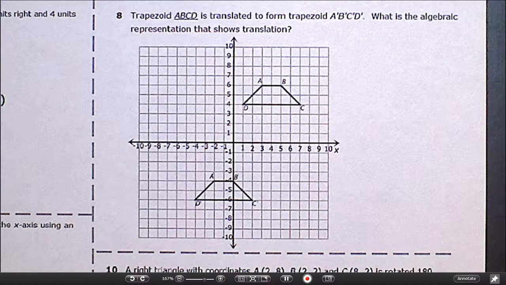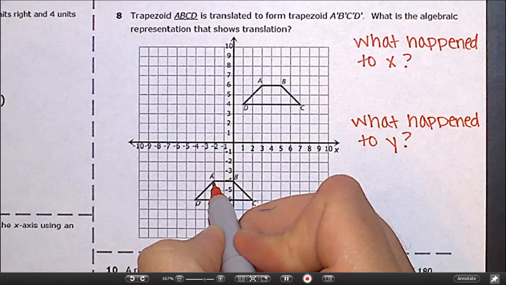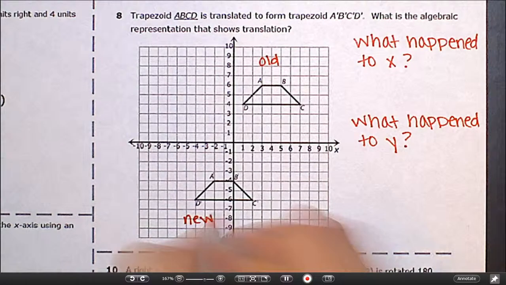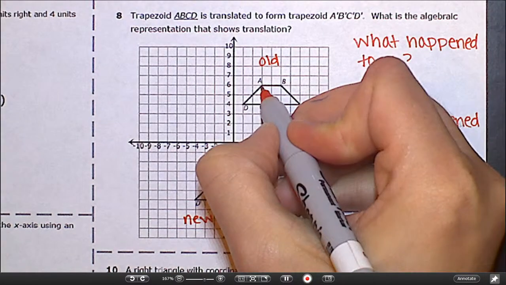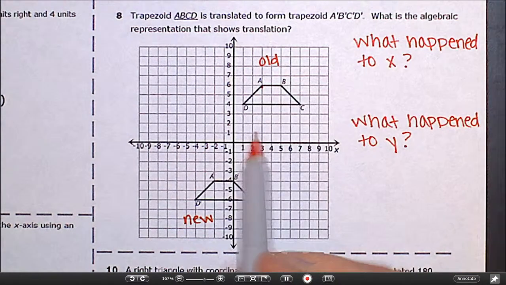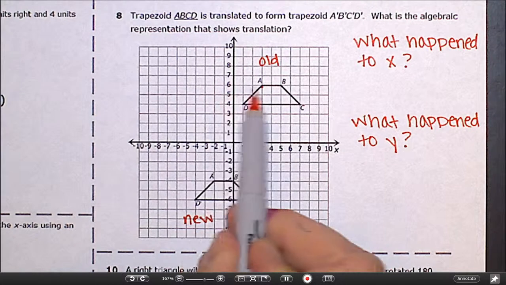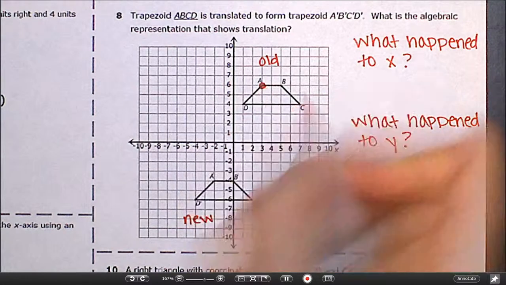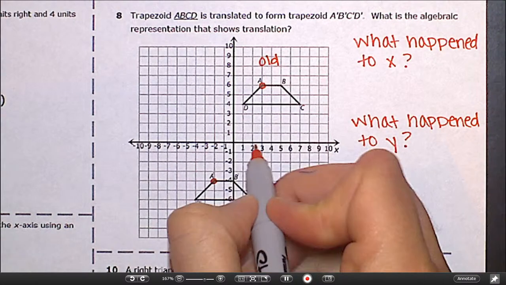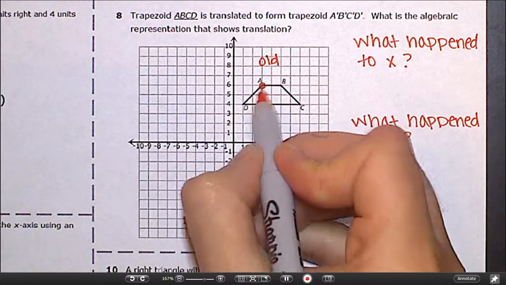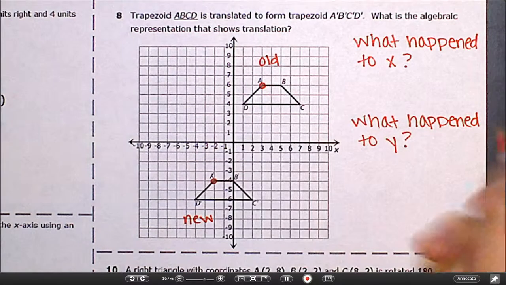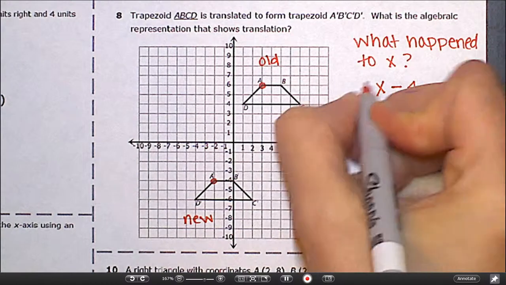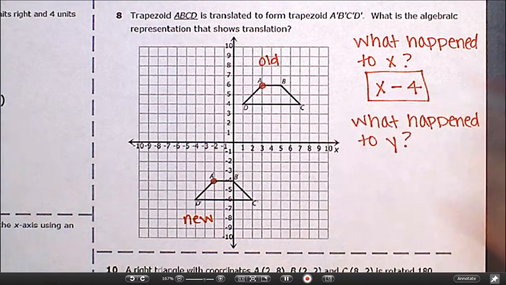Let's start with A and go to A prime. So this is our old figure and this is our new figure. So to get to A, figure out what happened to x, that's our left and right. Okay, so we're going to go from here to here. So from +2 to -2, that means it's going to be x minus 4. That's what happened to x.